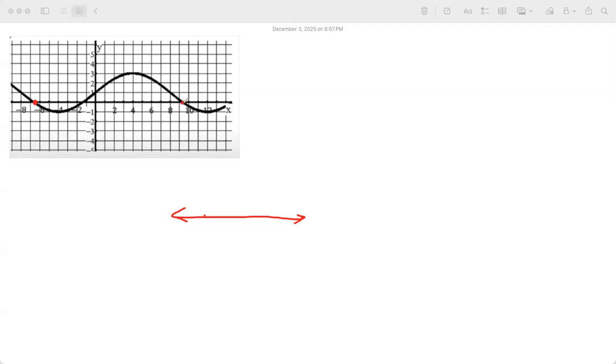Can I take these two points on the graph? What is the period of that graph? Do you want to find and tell me, guys?